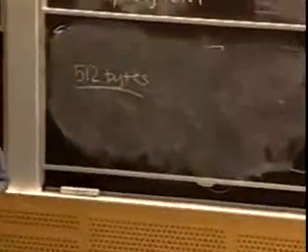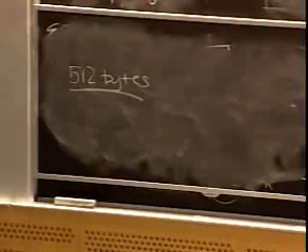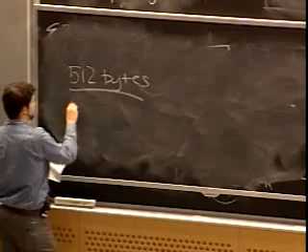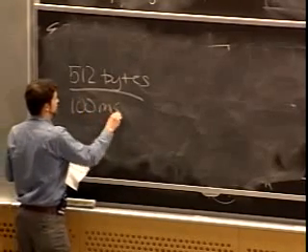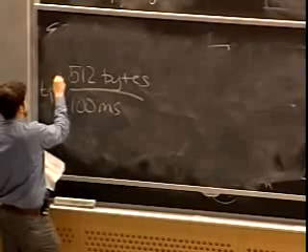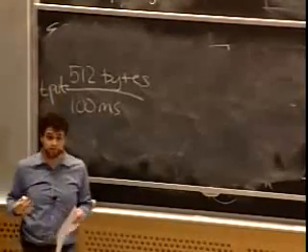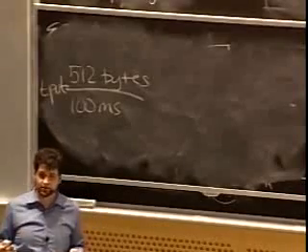And suppose the round trip time in the network is, say, 100 milliseconds, which might be a common round-trip time in a traditional network. Well, the maximum throughput of this network is going to be limited by this number, 512 bytes divided by 100 milliseconds, right?